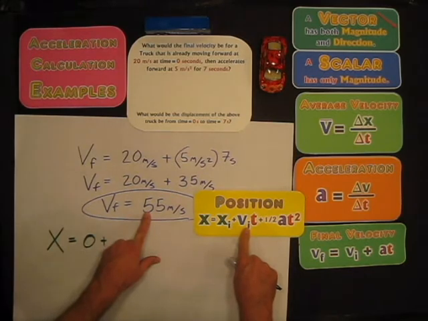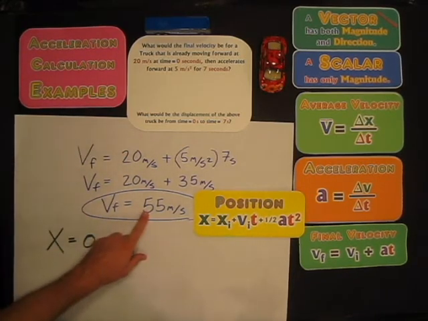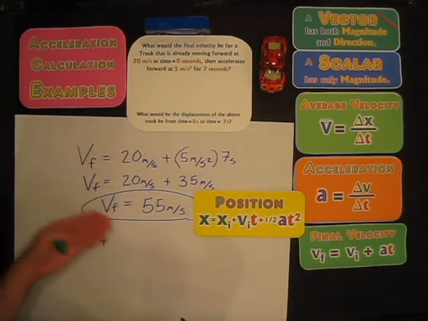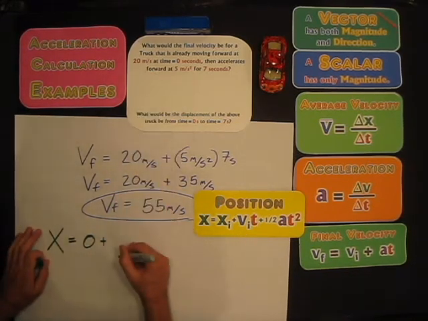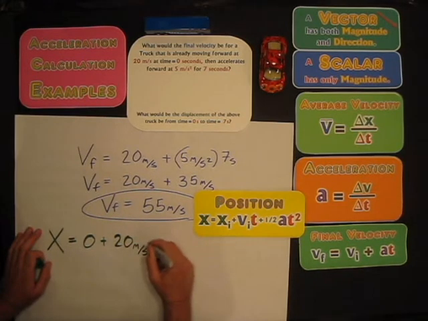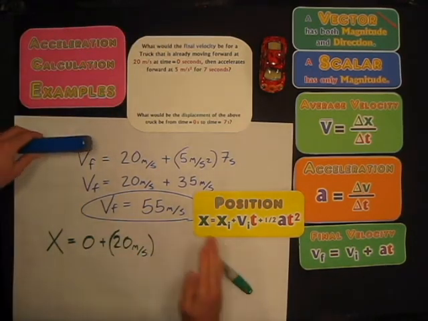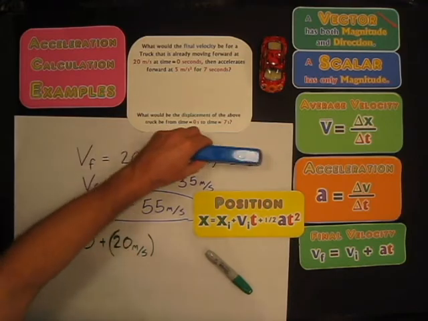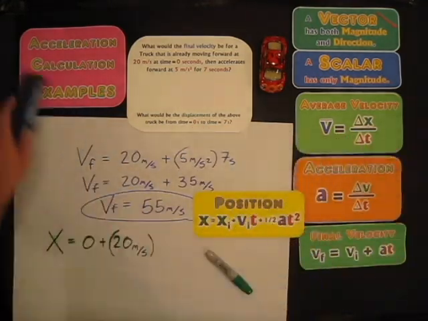My initial velocity is 20 meters per second. So you might have been tempted to use that. You're like, hey, I just went through all the trouble to get this, but that's not what I put here. I actually put where it was starting, because the 20 meters per second is how fast it's already going when we're at time equals 0. So let's say it's already going, and then boom, that's 0. It's already moving, and it's going to keep having that velocity. That's going to be a component of what it does afterwards.